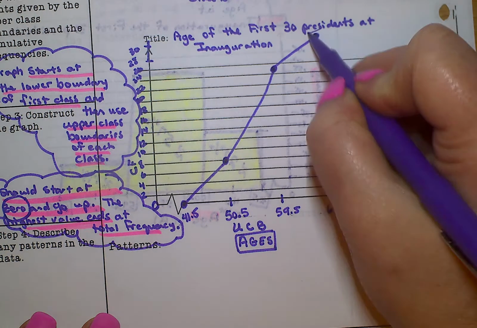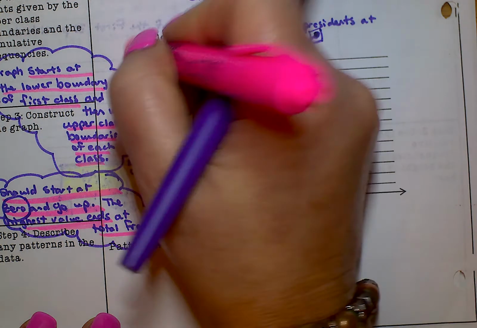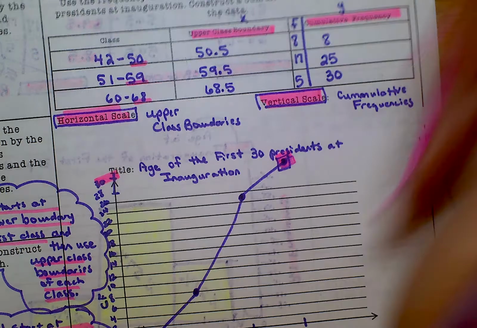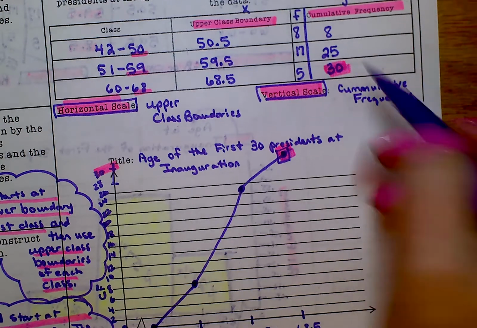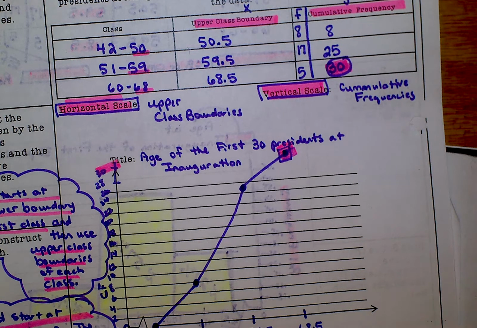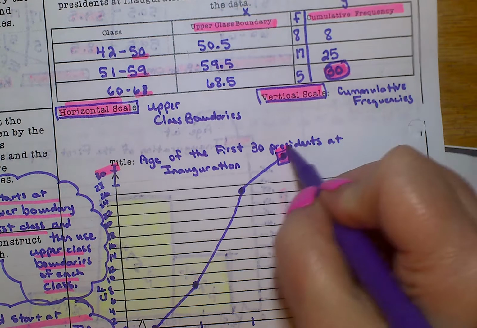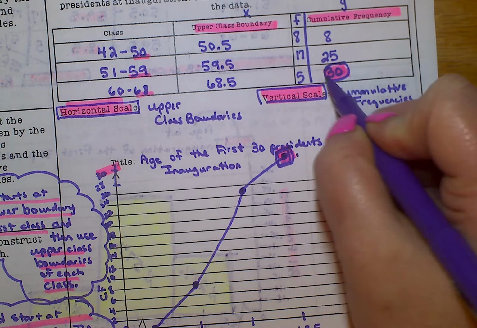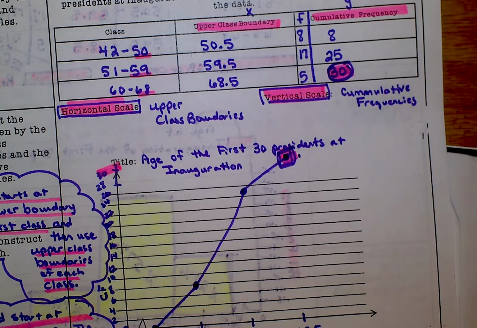The total, which is right here, should be the total frequencies. There'll be some problems and it'll say how many people were in this ogive, what was the total frequency? Well, that total number for that frequency is going to occur at the tip of that graph.